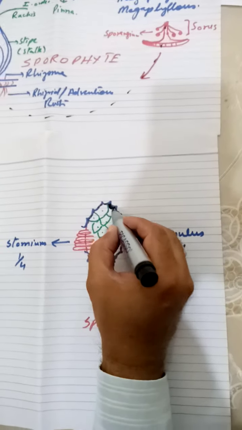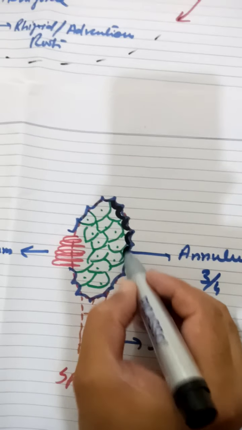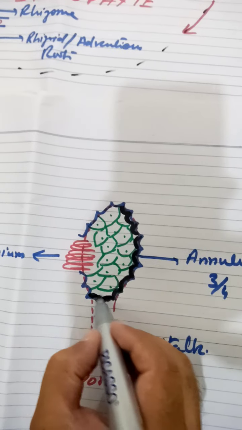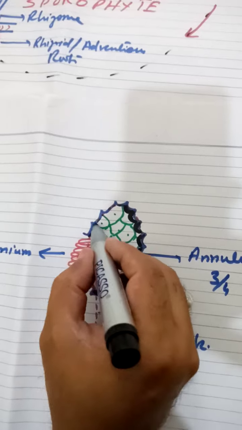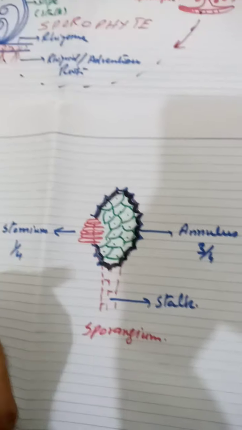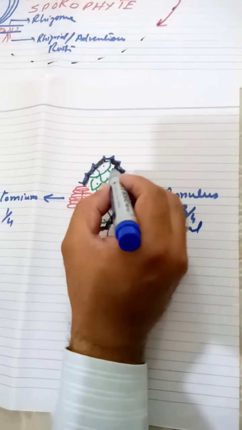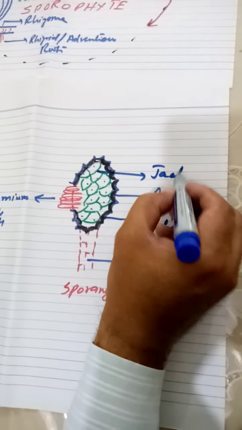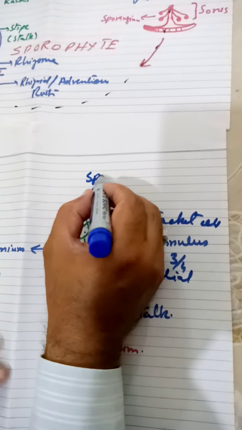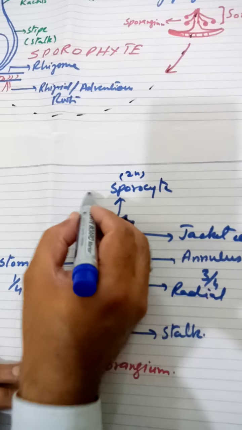The thick portion is called its radial part, due to more cell wall deposition here. These are the jacket cells. It contains sporocytes. The sporocytes are always diploid.